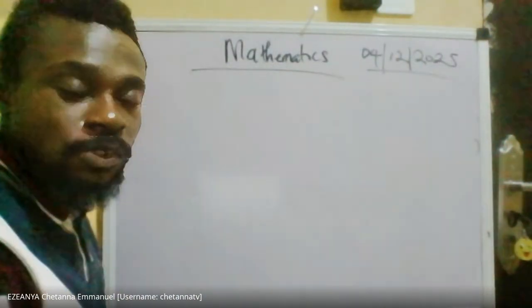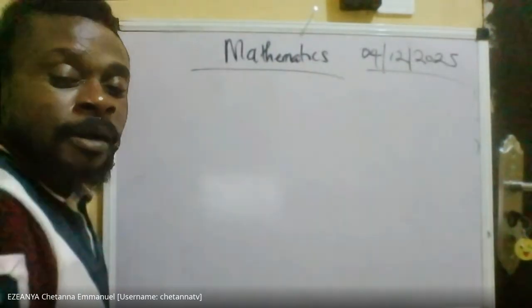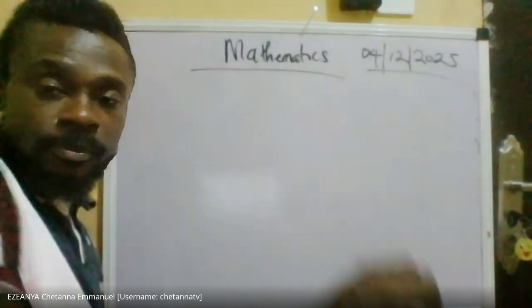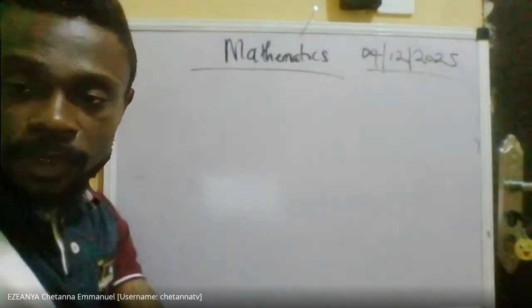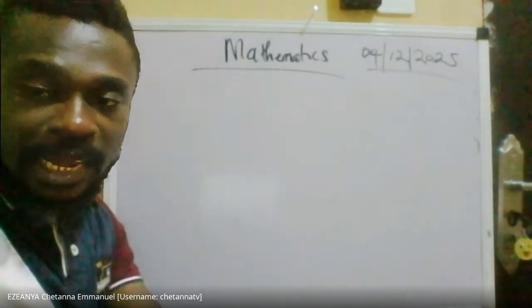That number is what? Divisible by 11. See what I mean? This one can be confusing, but see what I mean by that. Let me get an example.